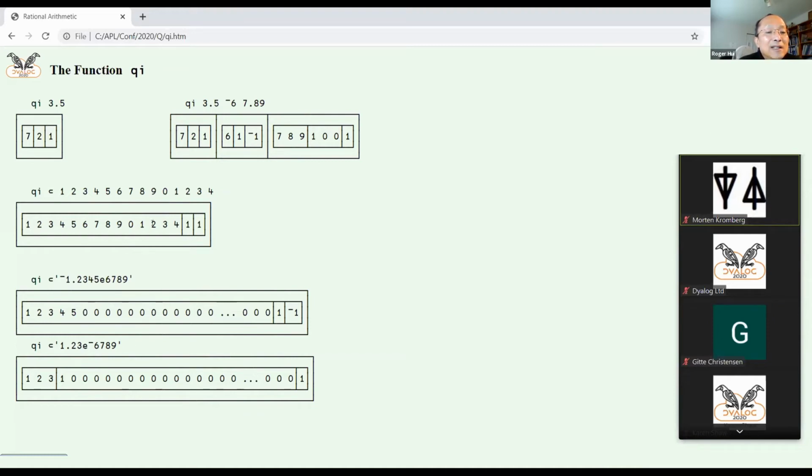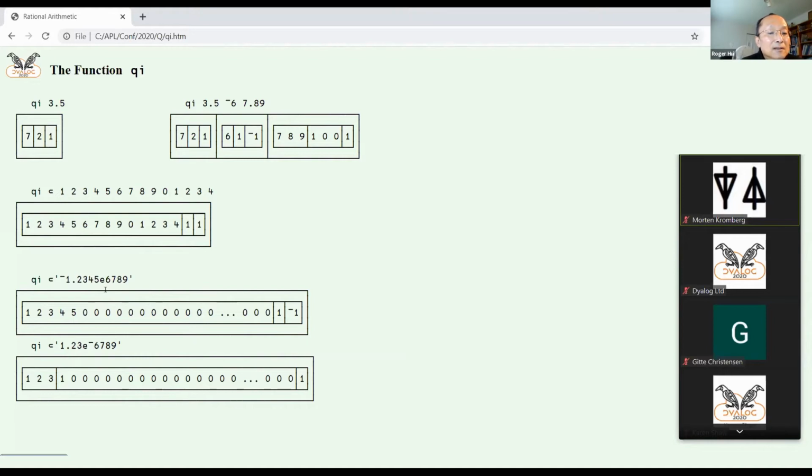The denominator is assumed to be 1. And as well, you can give qi an enclosed character string, using the same exponential notation permitted for ordinary numbers, except the range is unlimited.